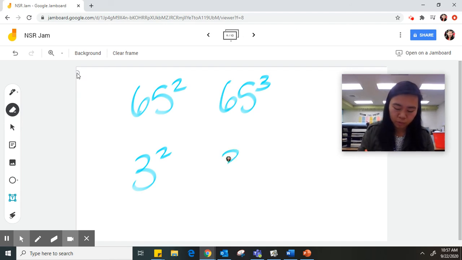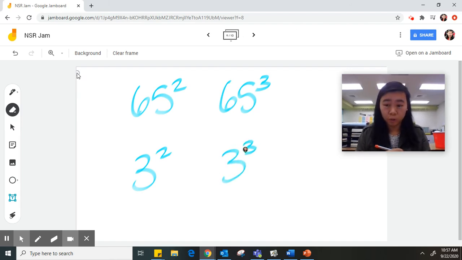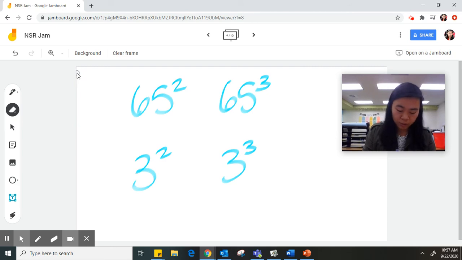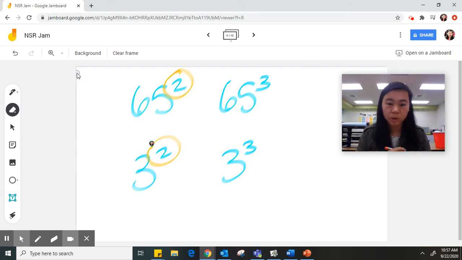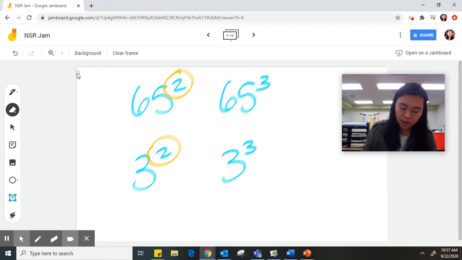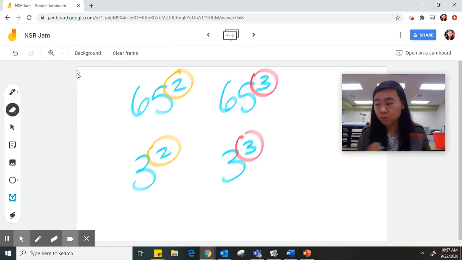How about 3 to the power of 3? 3 cubed. So if you see that small little exponent of 2, you can say that it is being squared. If you see that it has an exponent of 3, it is being cubed. Okay, so these are some fancy names for us.